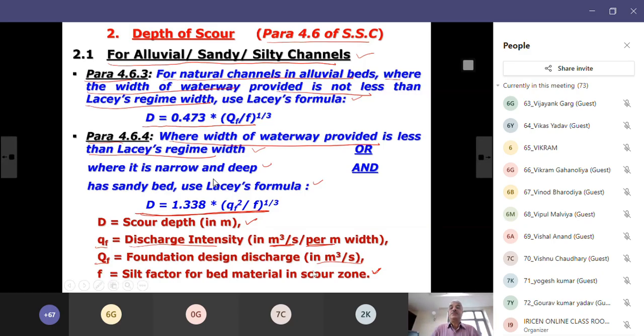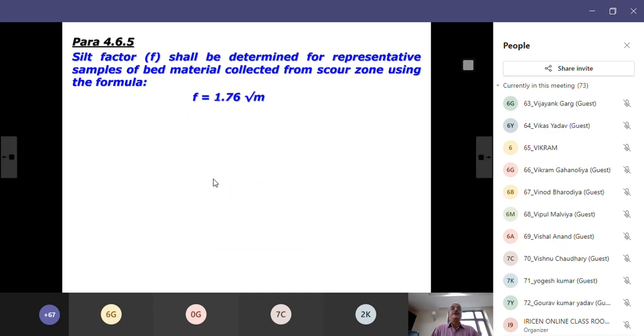So for this type of river beds, alluvial, silty or sandy, we must calculate Lacey's scour depth by using the appropriate formula. Then coming to silt factor, this is given in para 4.6.5 of the substructure code, that silt factor shall be determined for a representative sample of bed material.